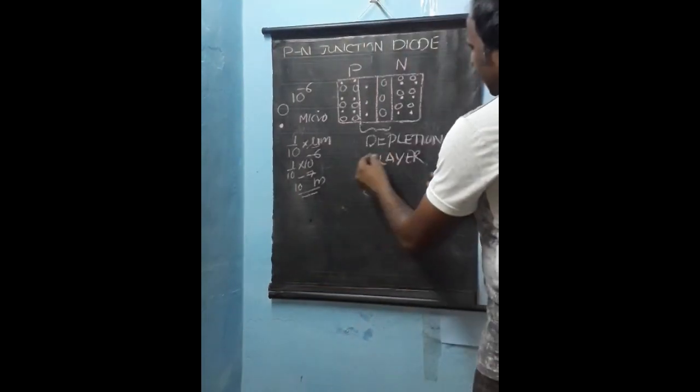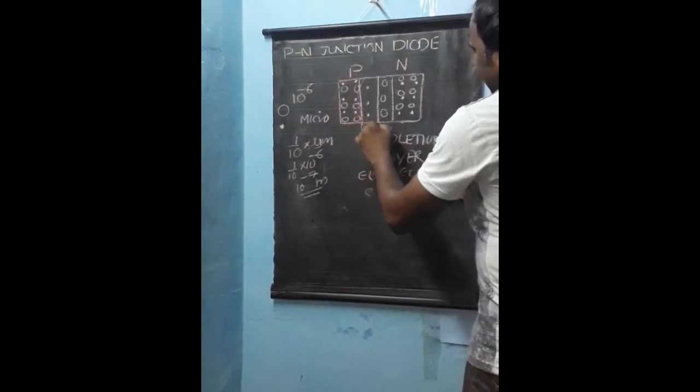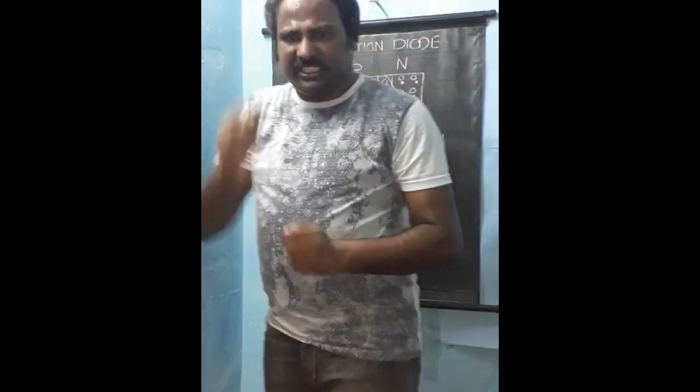Now the most important point. If we apply an electric field to this depletion layer, a potential is produced.